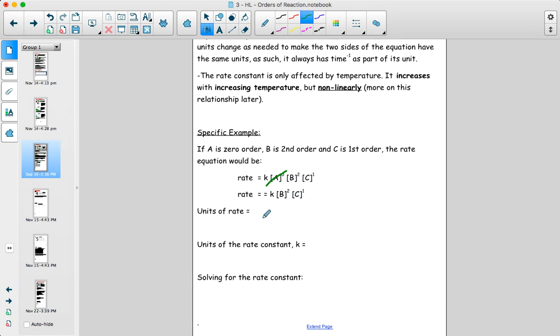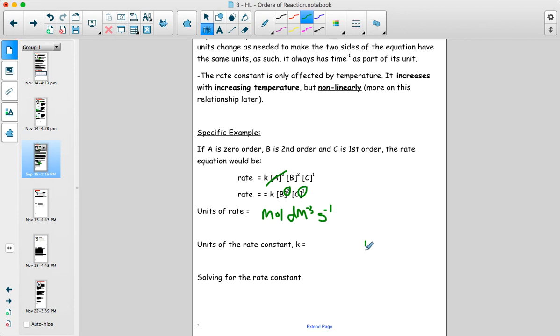The units of rate are always going to be moles dm minus 3, and we'll say seconds minus 1, since that's the most common unit of time that you'll see. So those are the units of rate. Well, if we're going to try to figure out what the units of the rate constant are, we have to look at how many times concentration was used on this side of the equation. I've got concentration squared, and I've got concentration to the 1st power.